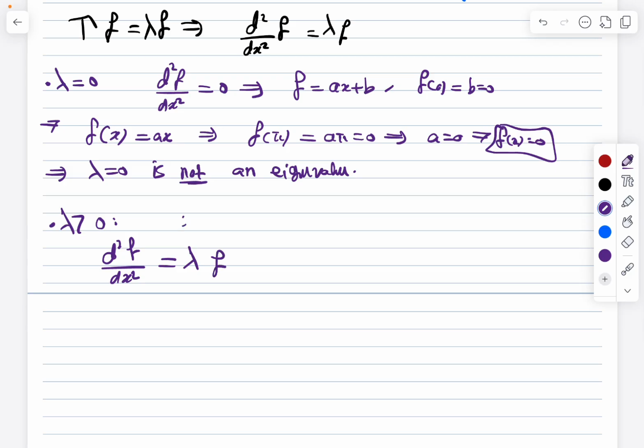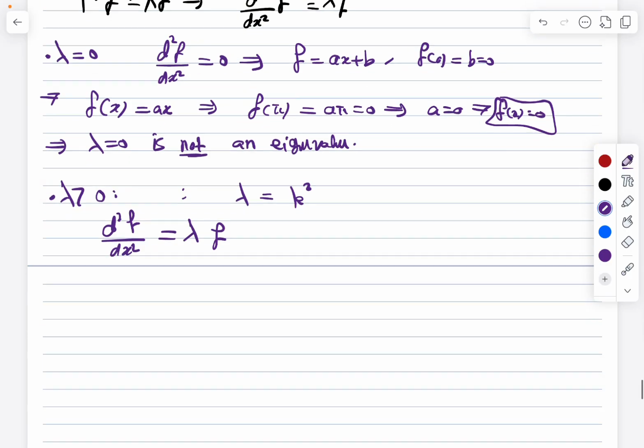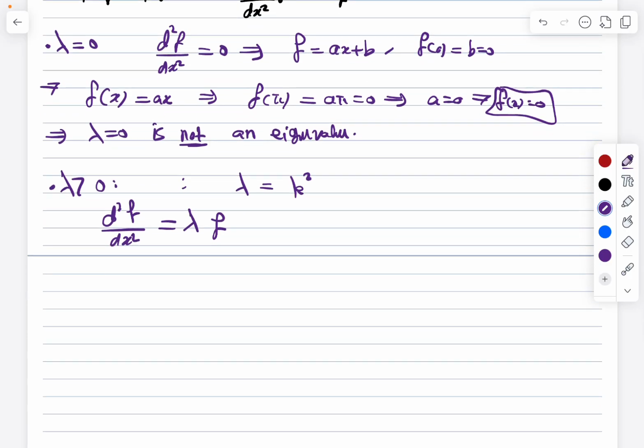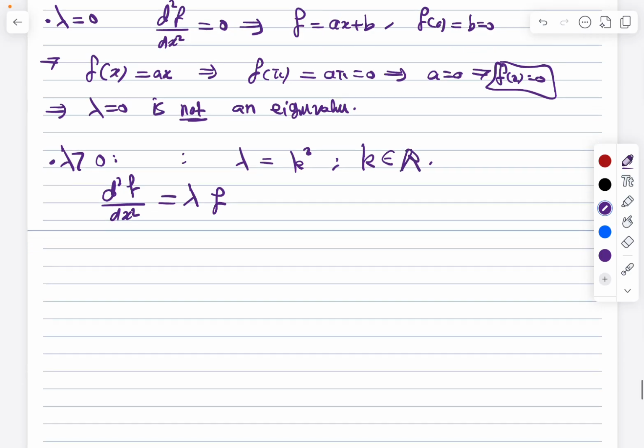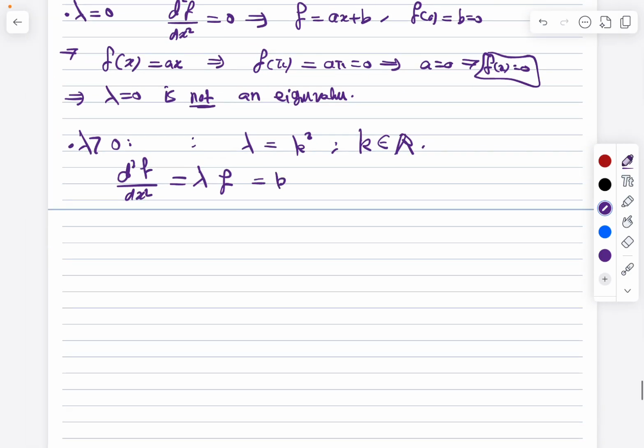But since lambda is positive, I can write it as, for example, k squared, where k is some real number. So it can be written as k squared f. You should be familiar with this type of equation, which has the following solution: f of x equals a e^(kx) plus b e^(-kx).